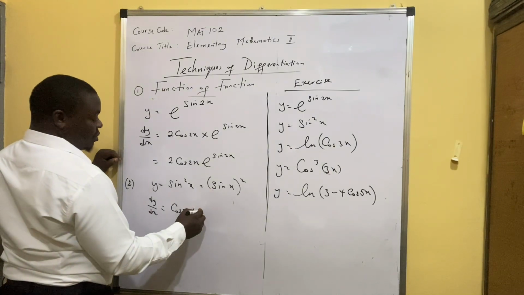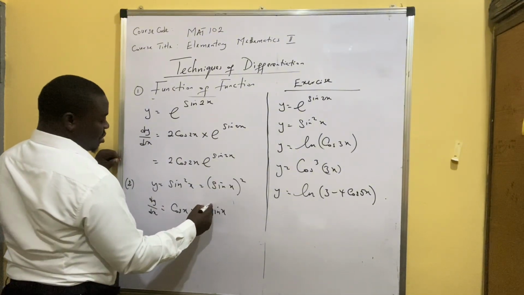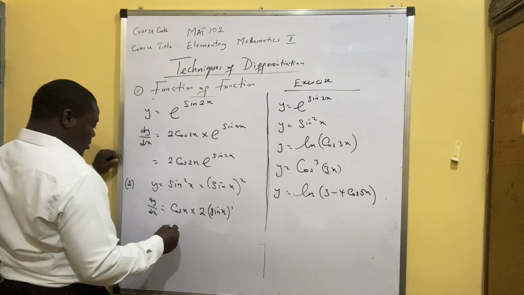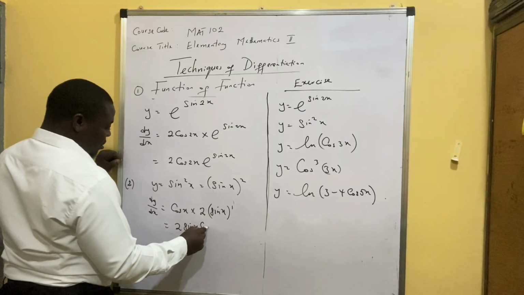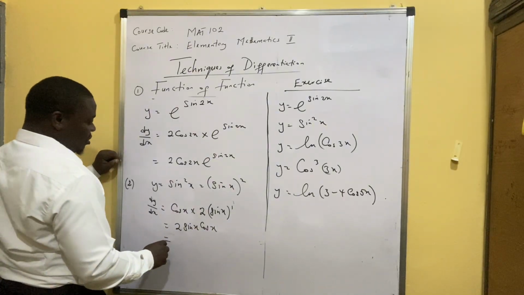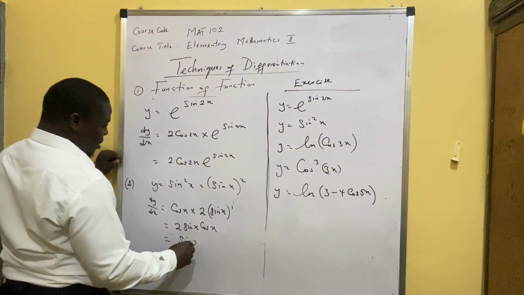So we now have 2 sine x, then 2 minus 1 will now be the power, which is still 1. So as we simplify this, we have 2 sine x cos x. From our knowledge of MET 101, we have that this is equal to sine 2x.